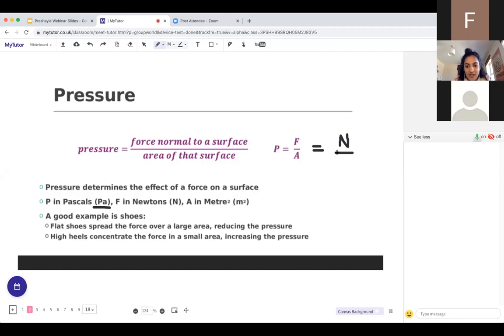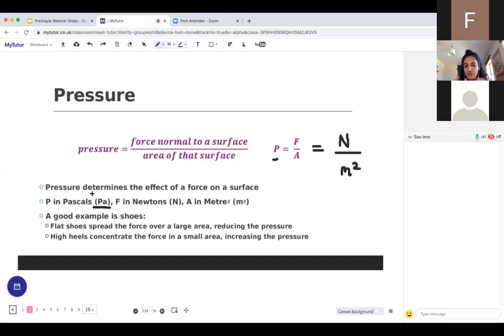Area is measured in meters squared, it always is. So we know that pressure has the units of newtons per meter squared. But we don't call it newtons per meter squared, we call it pascals because of the person that invented it. So the unit of pressure is pascals.